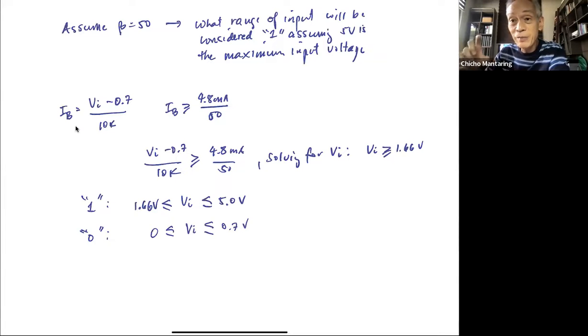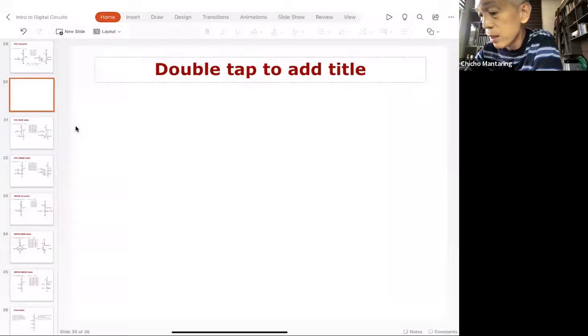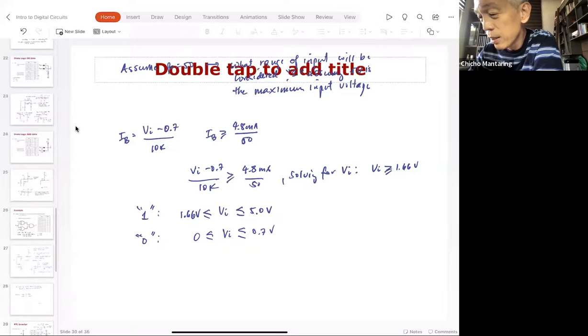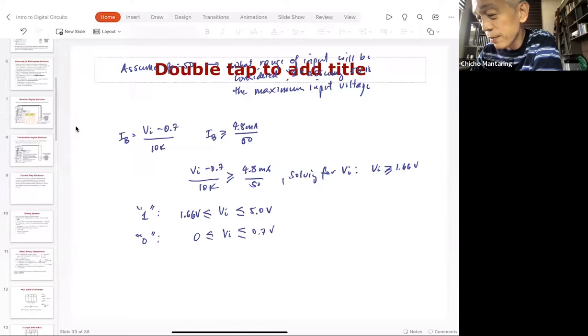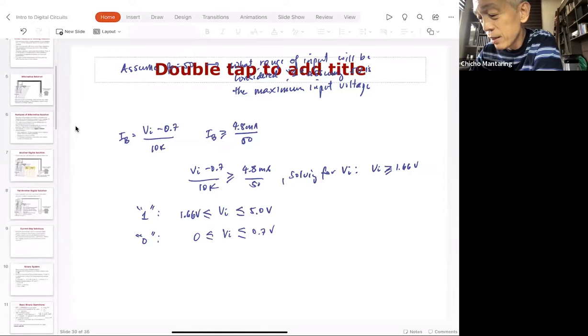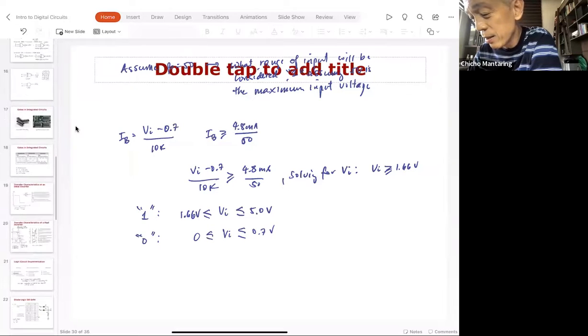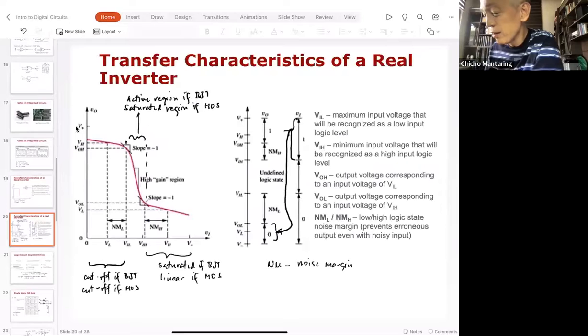Remember, meron tayong forbidden range, di ba? Nung kinuha natin yung, let me go to that, saan ba yun? Here, no?